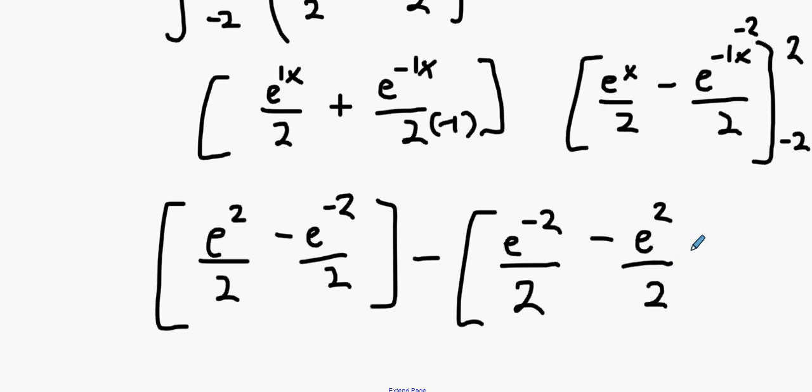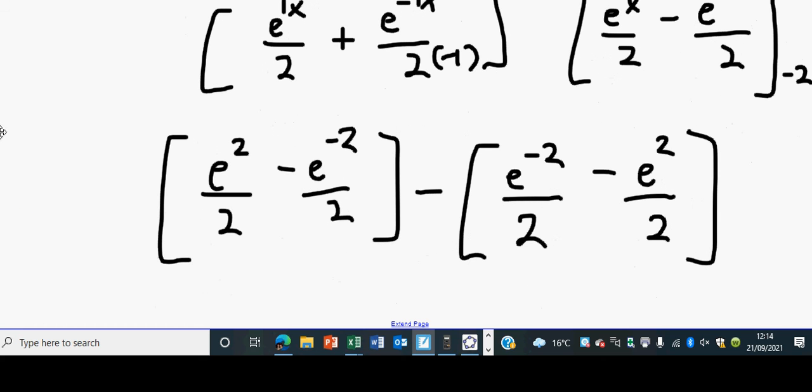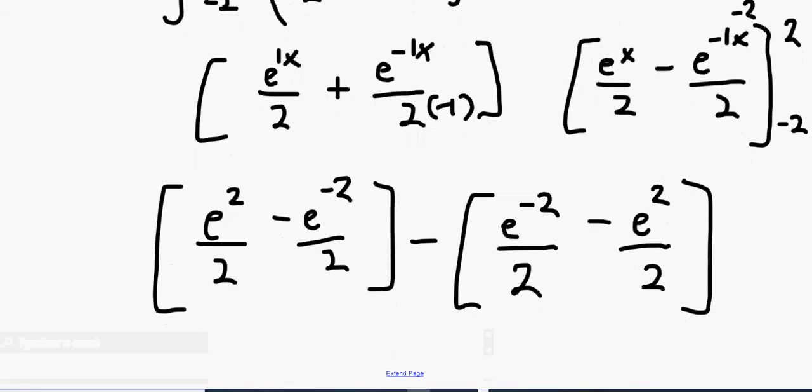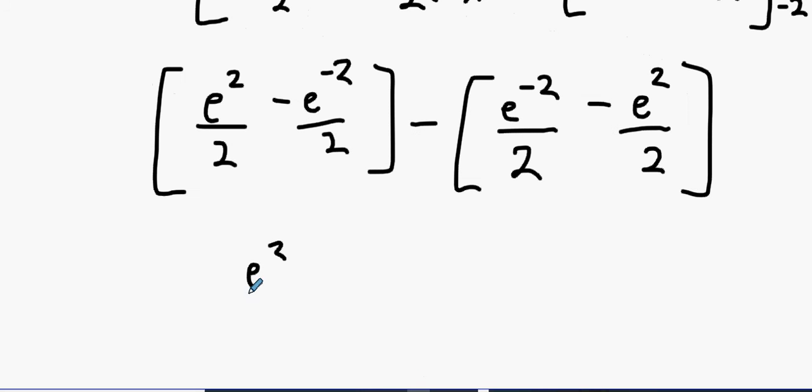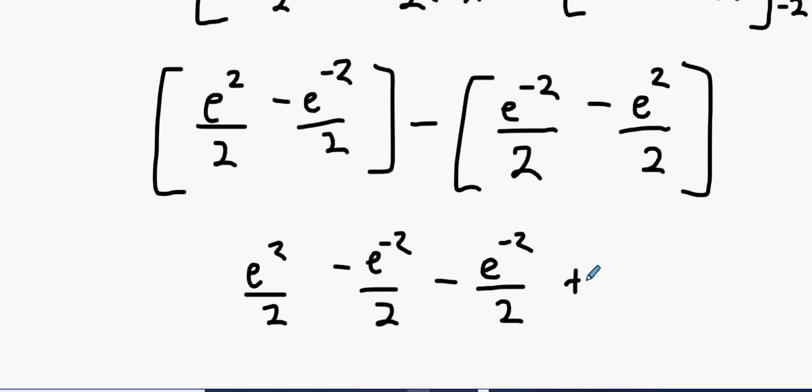Now, does anything cancel here? So, did anybody get e squared over 2 minus e to the minus 2 over 2 minus e to the minus 2 over 2 plus e squared over 2?